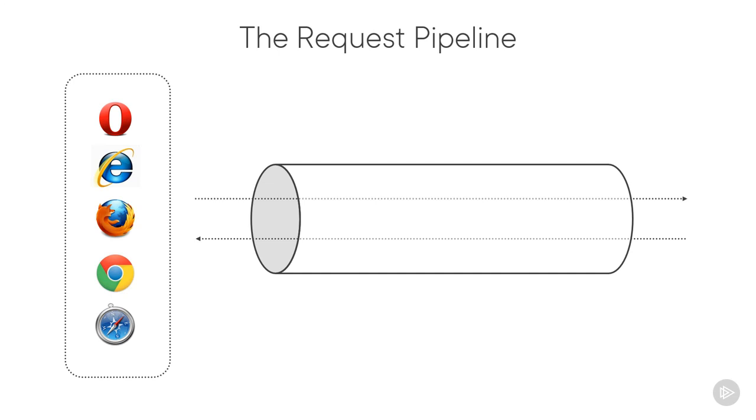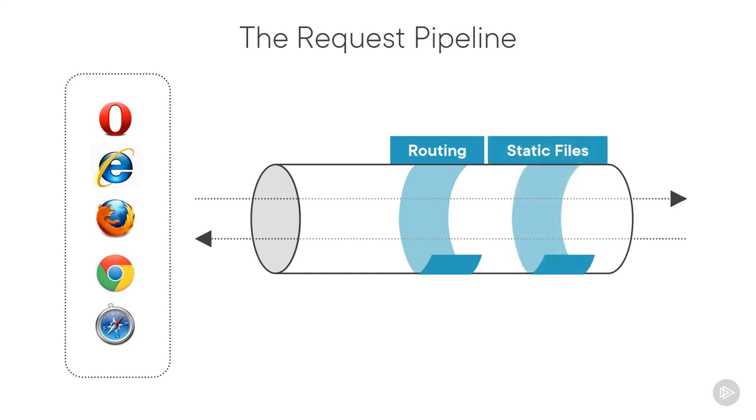If you don't configure any middleware, your application would simply do nothing when it receives a request. We have to plug in middleware for routing, which maps the URL used in the browser to a part in our application. And when we want to make static files, such as images and CSS and JavaScript files, available, there is middleware for that. And the same goes for authorization.